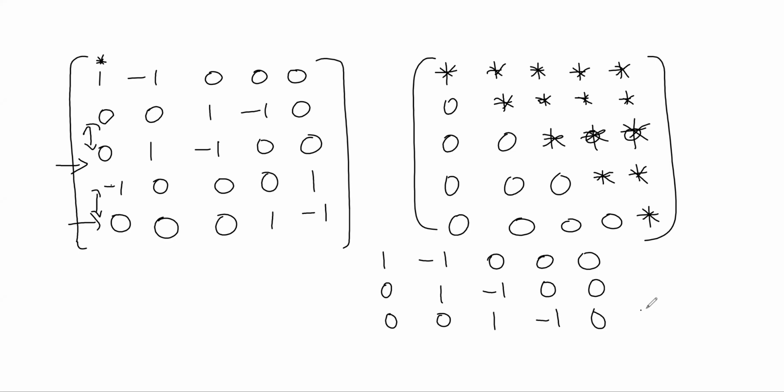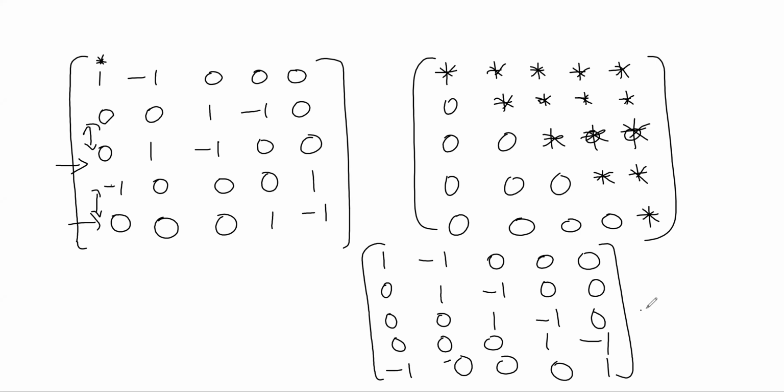Next, the fifth row in the position of the fourth row: 0, 0, 0, 1, -1. Now the fourth row in the position of the fifth row: -1, 0, 0, 0, 1.